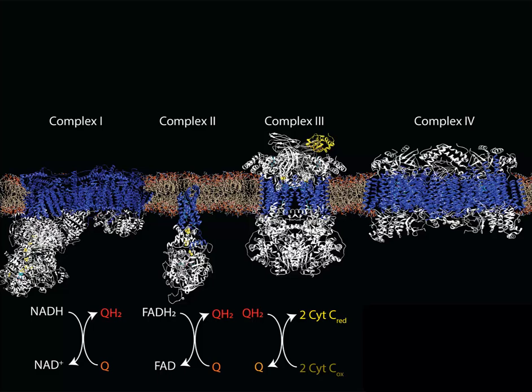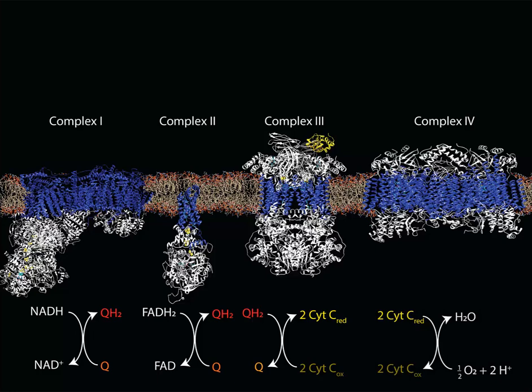Cytochrome C is a soluble protein that can then move through the intermembrane space and interact with complex 4, which is responsible for taking those electrons and passing them on to molecular oxygen to produce water.